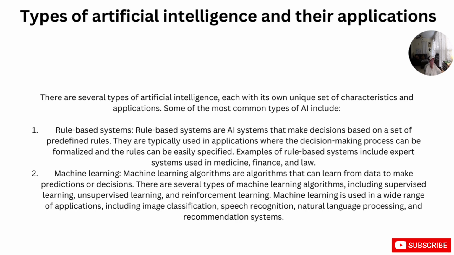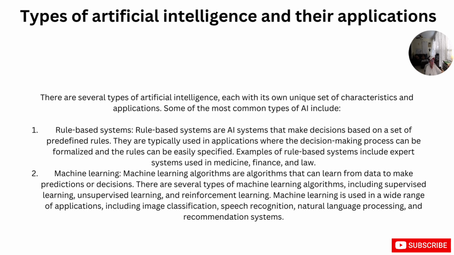Number two, machine learning. Machine learning algorithms are algorithms that can learn from data to make predictions or decisions. There are several types of machine learning algorithms, including supervised learning, unsupervised learning, and reinforcement learning.